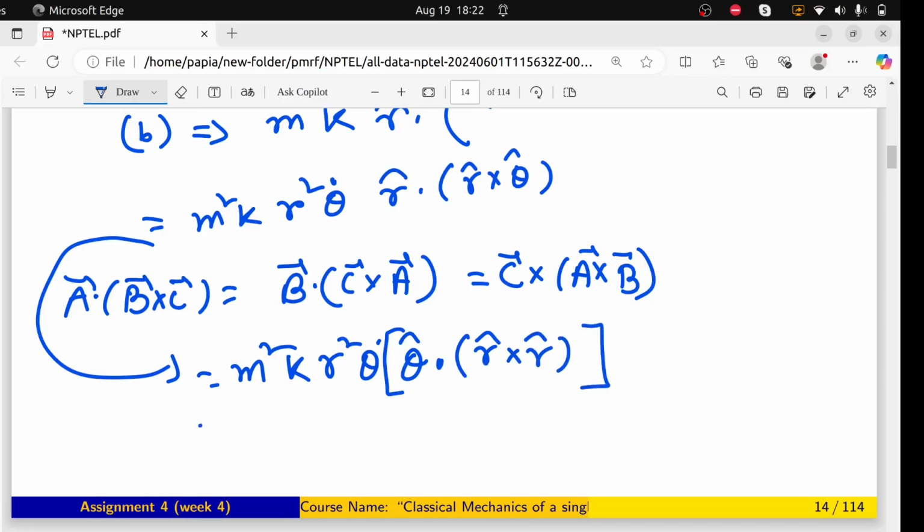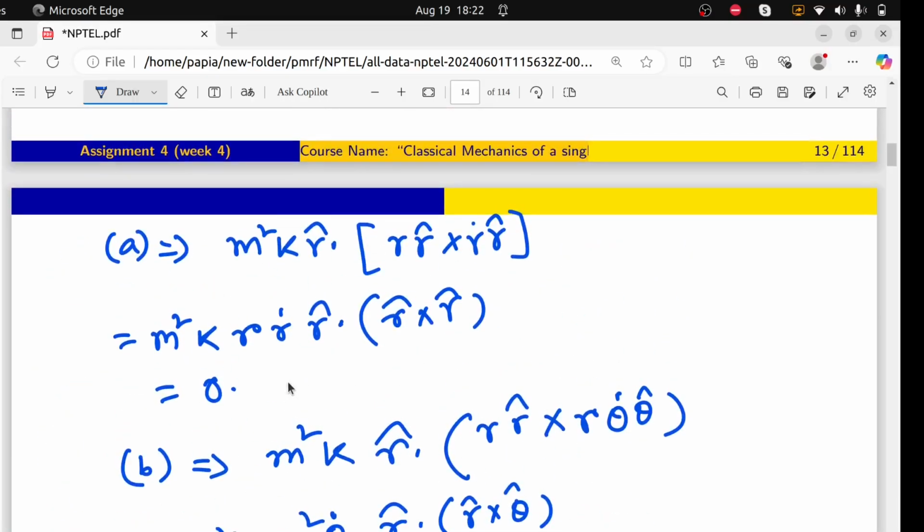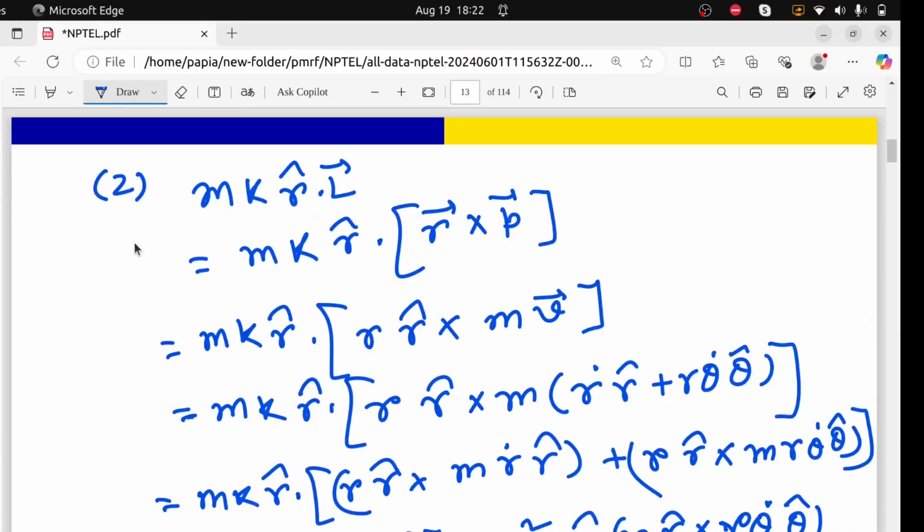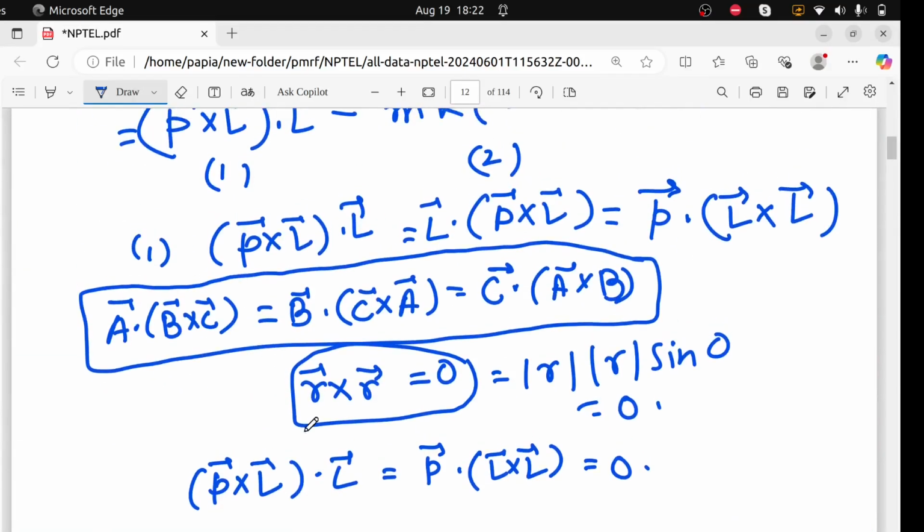So r cap cross r cap again gives me 0. So now you can see that B is 0, A is 0. So if that was A plus B, as a whole it is 0. So that means our 2 is also 0 and 1 is also 0.